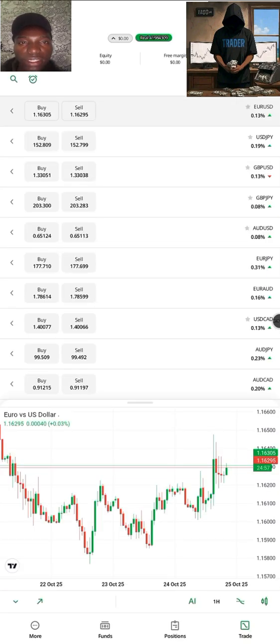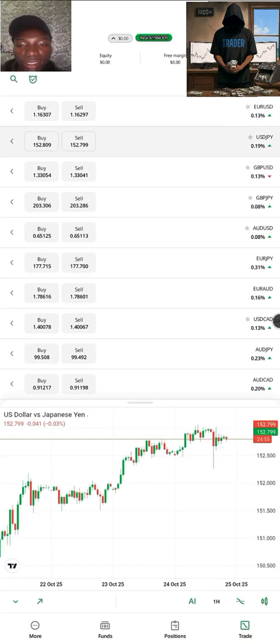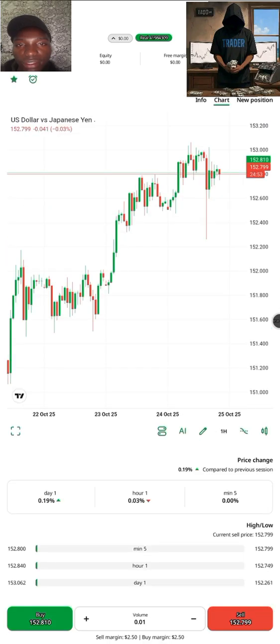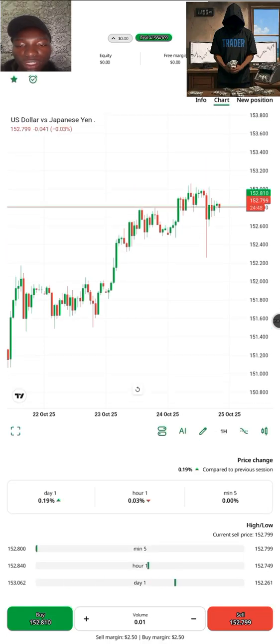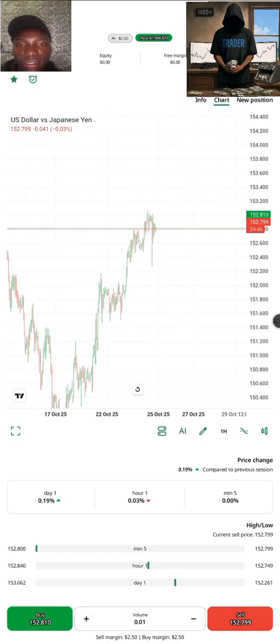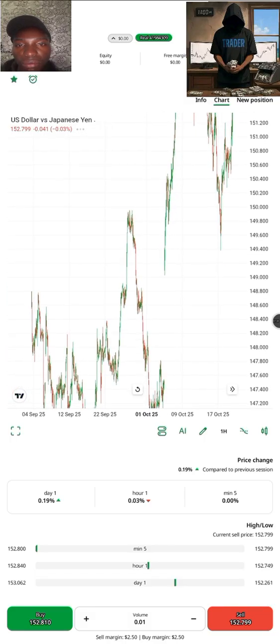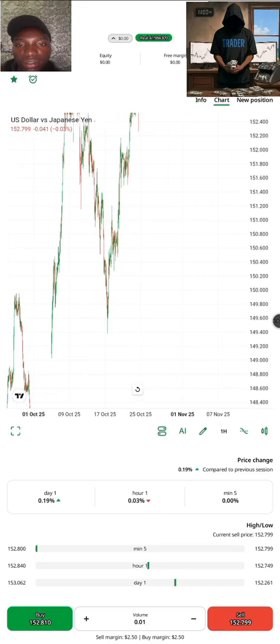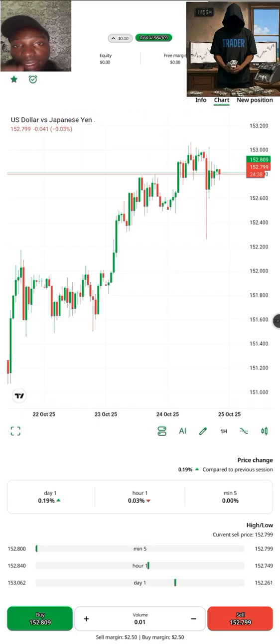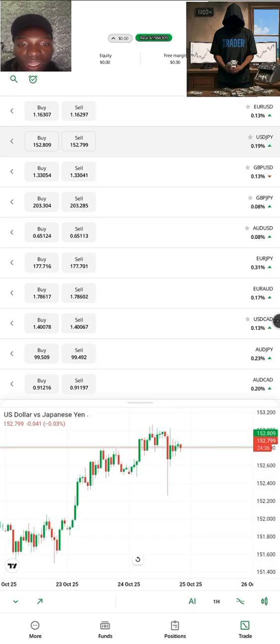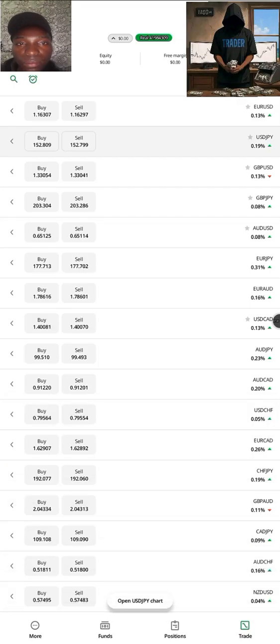You can just trade it USD to Japan. Japanese yen, it is $2.50. As you can see, it's an uptrend. If you look very clearly, you can see it. I am using a 1 hour time frame. British pound to USD.